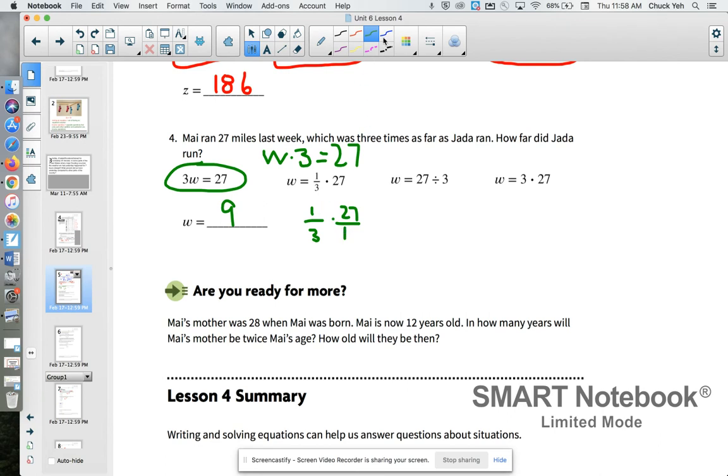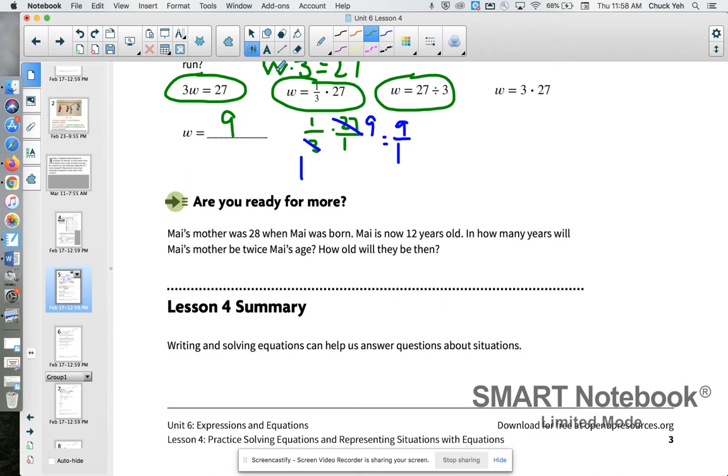Remember, we can cancel out too. 3 divided by 3, 1. 27 divided by 3, 9. And then what's 1 times 9? 9. What's 1 times 1? 1. So see, 9. So this one would work too, actually. How about the third one? Yes. How about the fourth one? No.